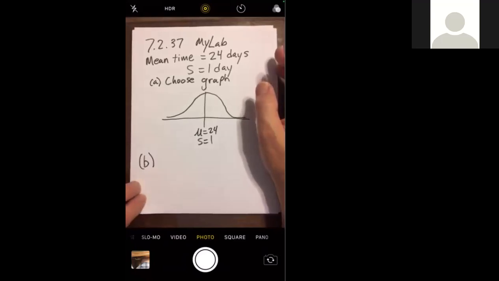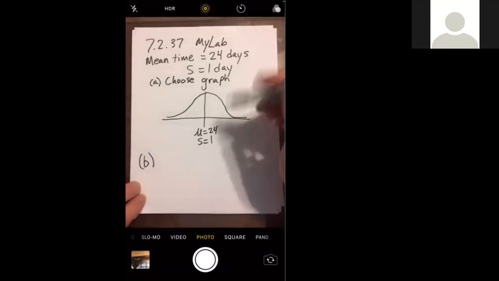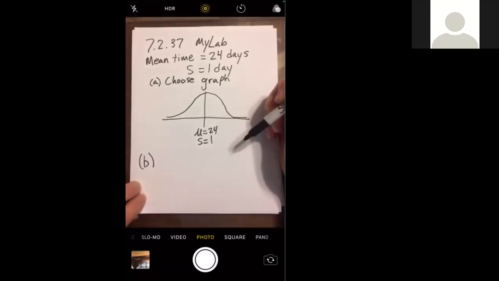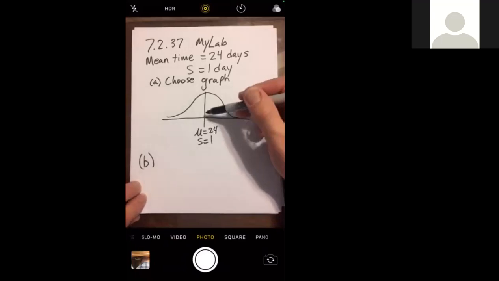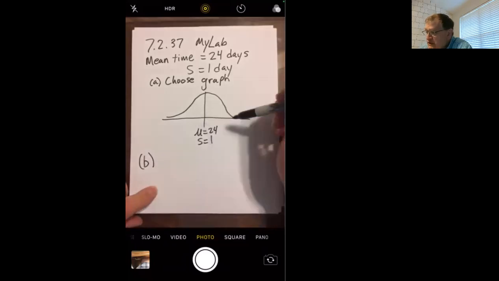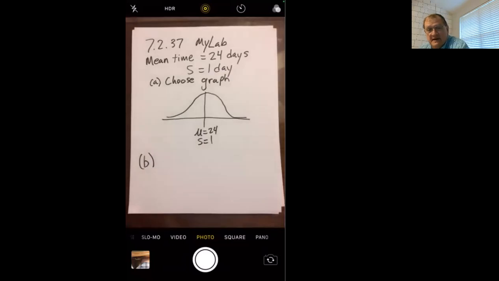The first one is 24 in the middle, then 23 and 25. The second one, you have 24 in the middle, then 22 and 26. I think the first one should be right. I don't know where they're getting those numbers if they haven't set them here, but pick it and see if it's right. Okay, let me try.